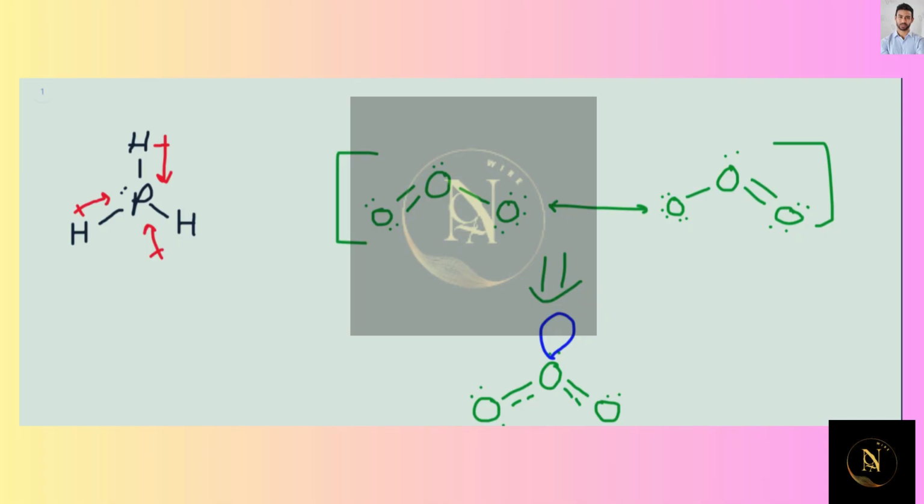So even though these two bonds over here are equivalent, this lone pair up here is going to bend your structure, and so you're going to have a small net dipole.